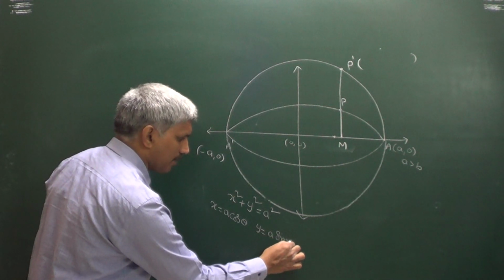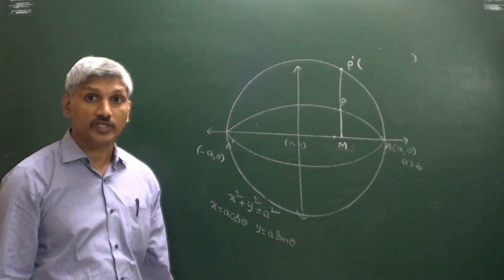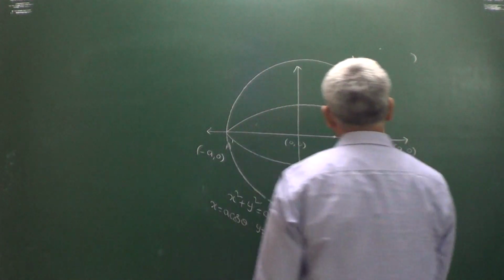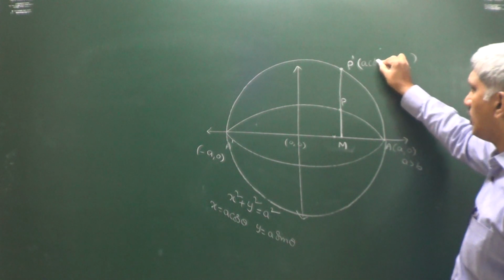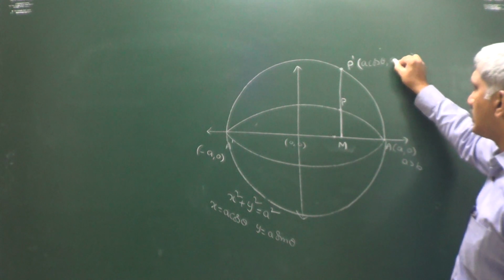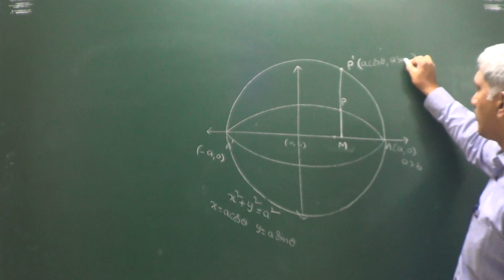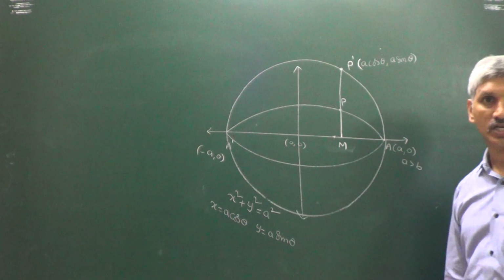So these are the parametric equations of a circle. So that's why I can take any point on the circle as a cos theta comma a sin theta.